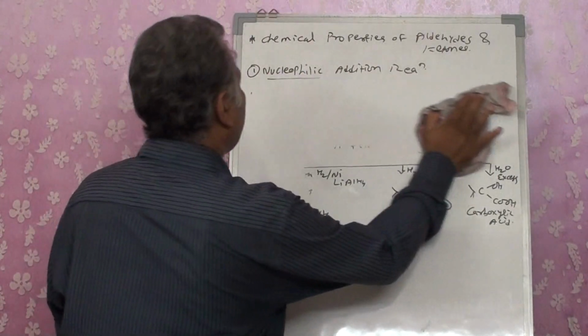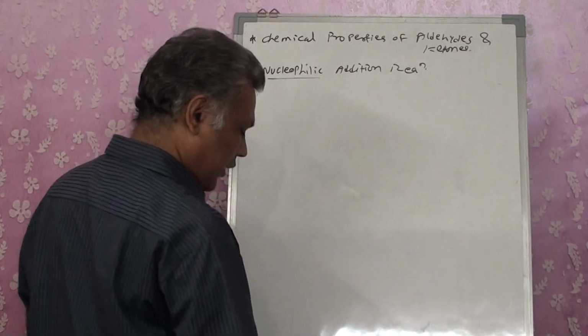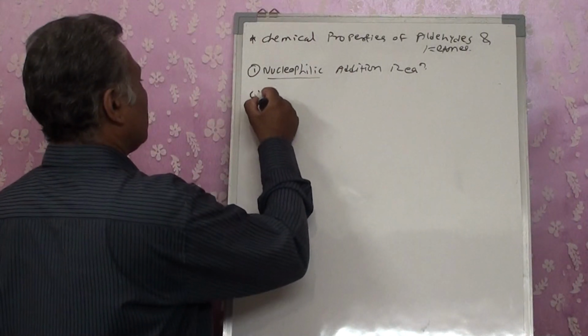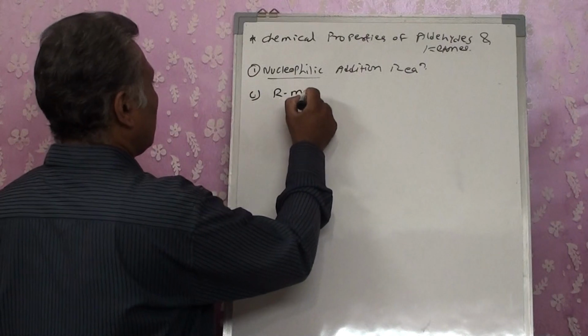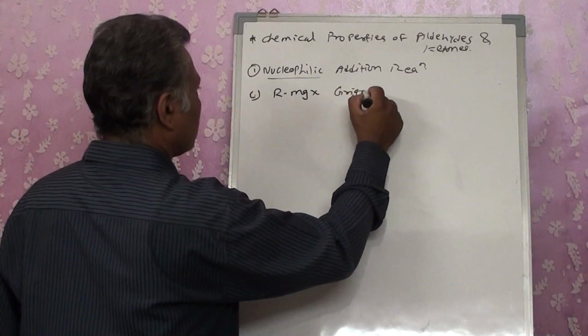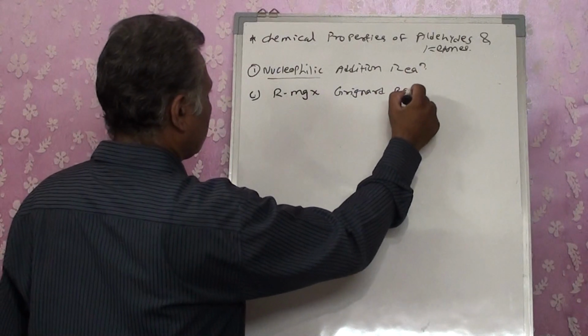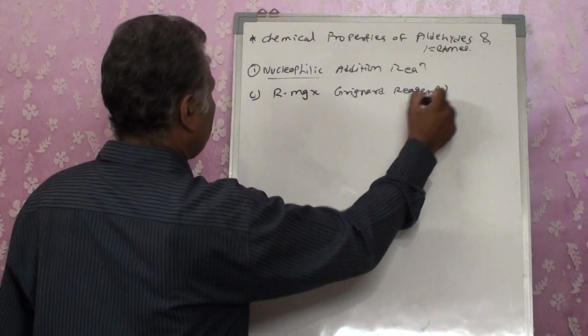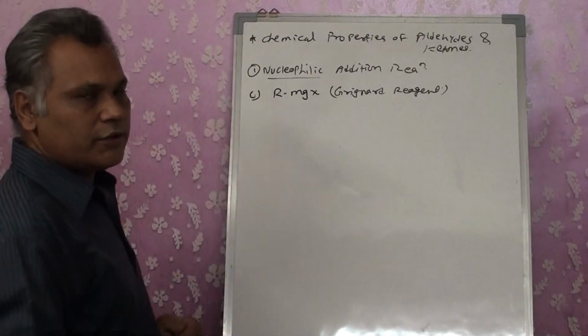Okay. Third one, with Grignard reagent. Third we will come across RMgX. This is known as the Grignard reagent that we are using.